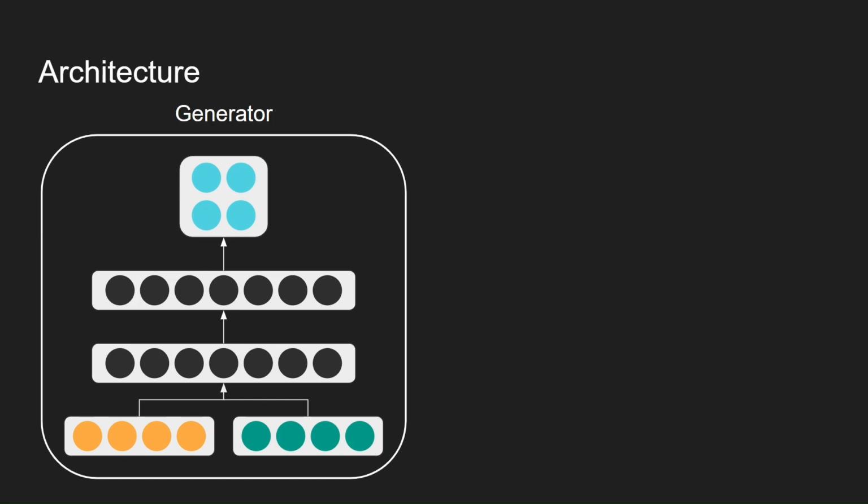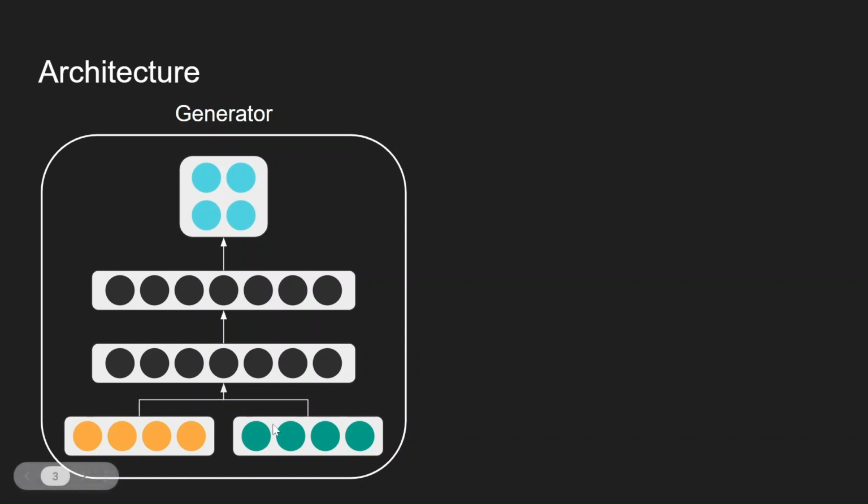Now let's talk about the architecture. As you can guess, this time instead of just giving a random noise, we are going to give the labels as an input to the generator as well. So this orange represents my random noise, and this dark blue represents my input labels.